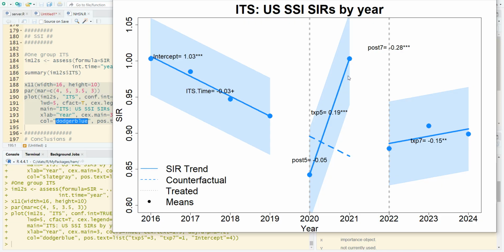In my hospital system, we actually had fewer procedures in 2020. So there were fewer surgeries. I think we may have even seen a lower SSI rate.